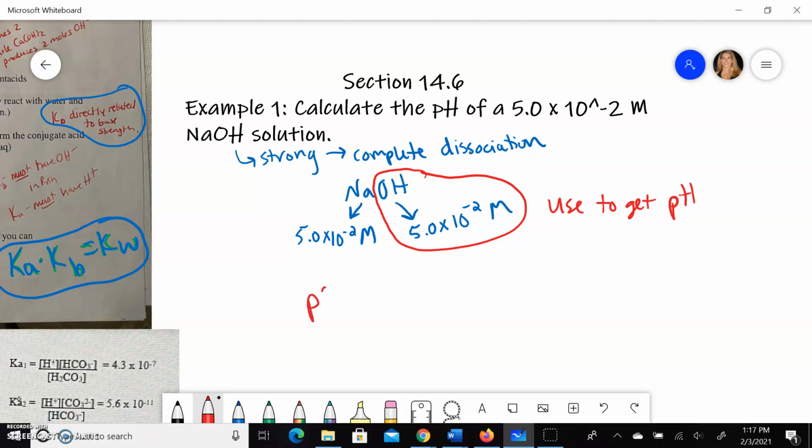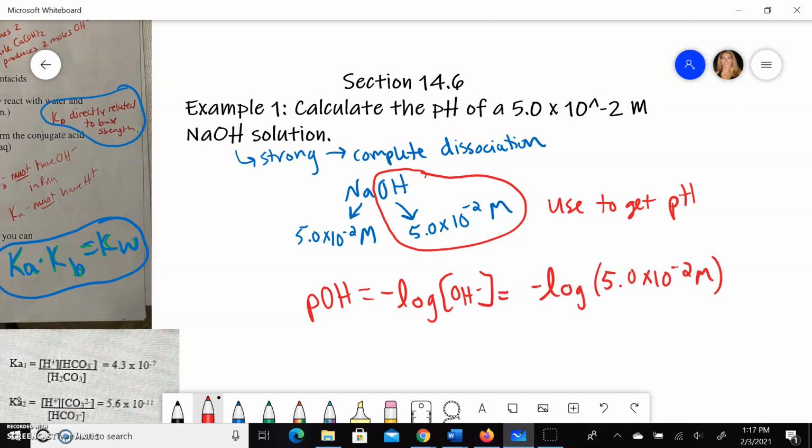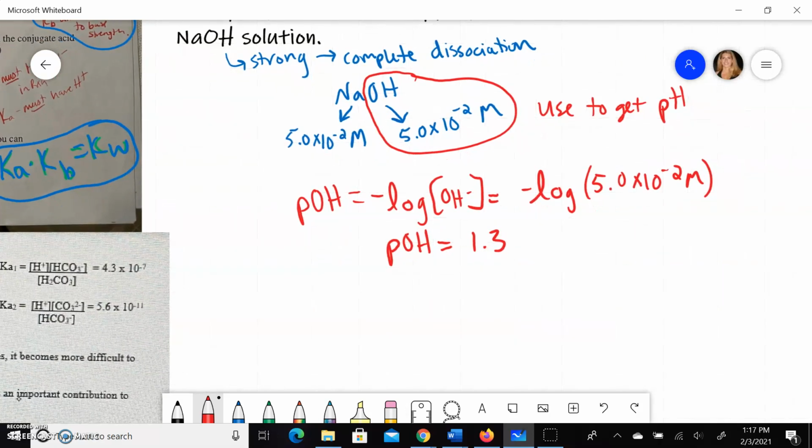So now we can say that the pOH is equal to the negative log of the concentration of hydroxide. So negative log of 5 times 10 to the negative 2. pOH equals 1.3, but be careful, they asked you for the pH.